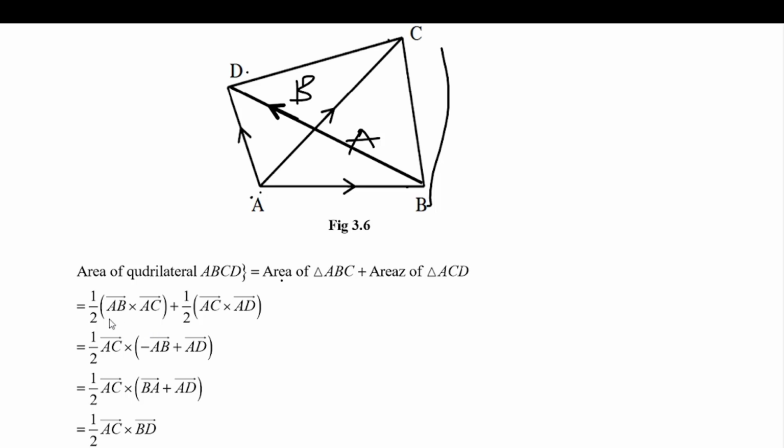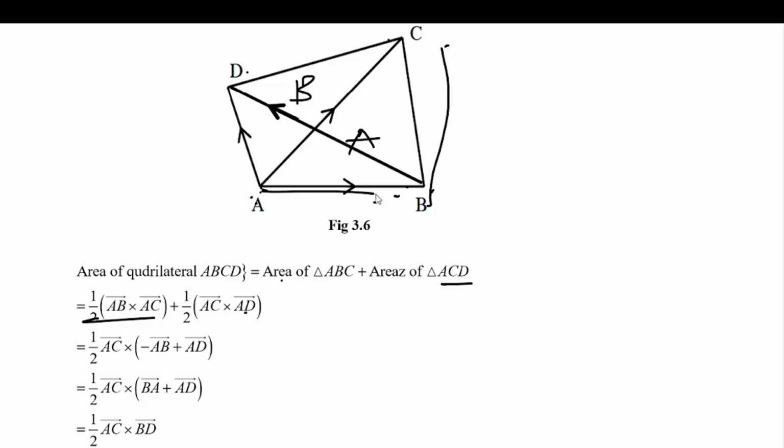Now we know that the area of triangle ABC is half of AB cross AC. So that is what you have here, half of AB cross AC. And for the second one too, we have half of AC cross AD. So we need to be very careful.